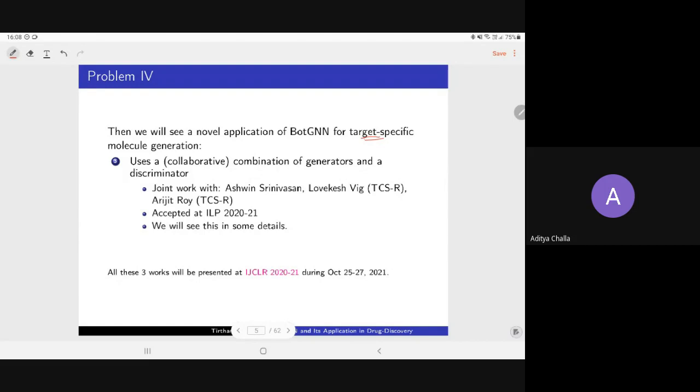This has been accepted at the Inductive Logic Programming Conference, which is the primary conference in this area. And we'll try to see what results we have got in this. So I'm going to present all these three works during October 25 to 27 at IJCLR, which is the newly formed conference on learning and reasoning.